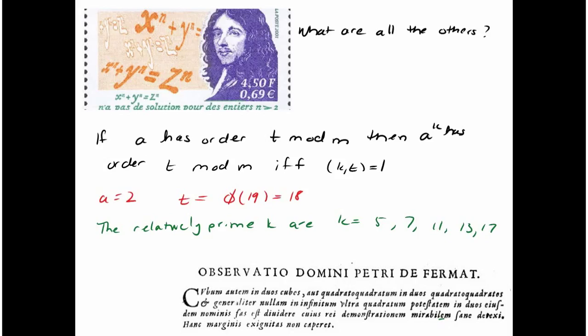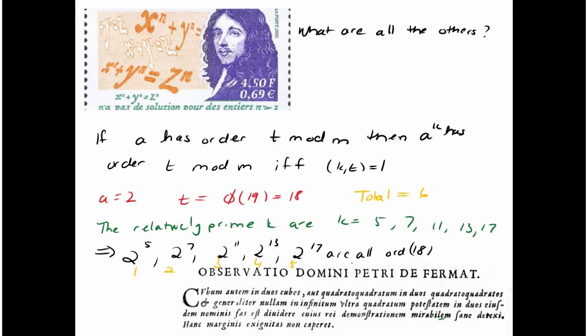So those are my potential powers. That means by this theorem, 2 to the 5th, 2 to the 7th, 2 to the 11th, 2 to the 13th, and 2 to the 17th are all order 18. And this does it. I have them all because I know that my total is 6. I already know 2 is one of them, so these are the other 5.